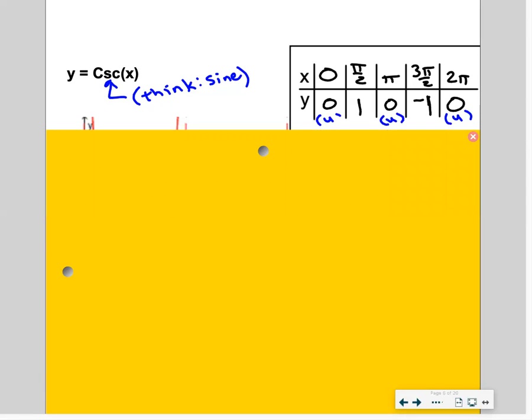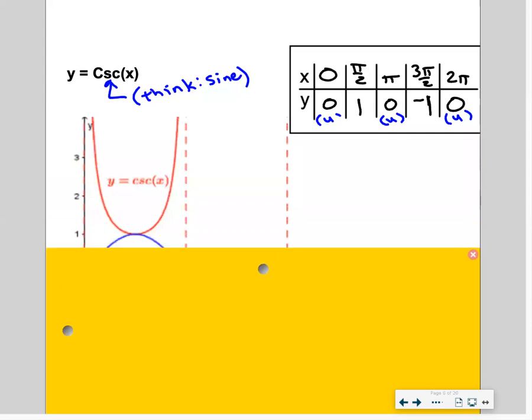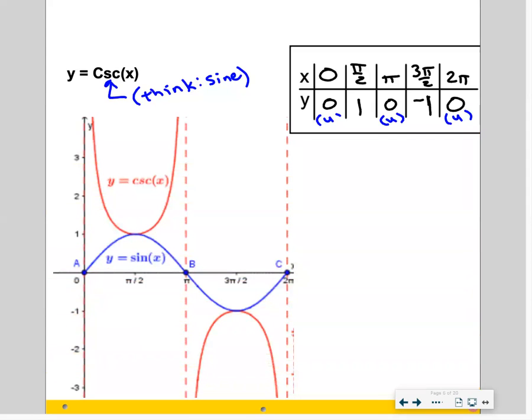I'm just going to show you what a cosecant graph looks like and what these undefined points look like. When we graph cosecant, we end up with vertical asymptotes, and those correspond with these undefined points. So these vertical lines right here are the spots where we're undefined, okay?